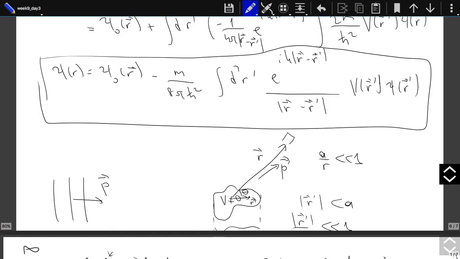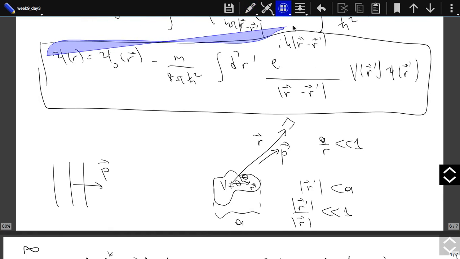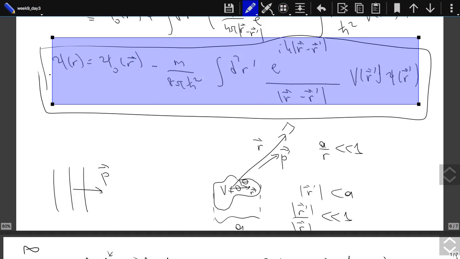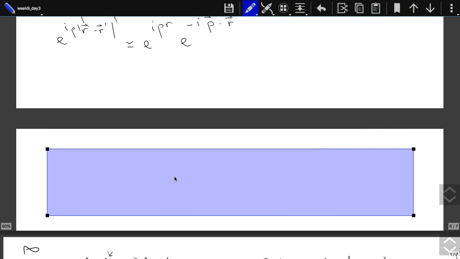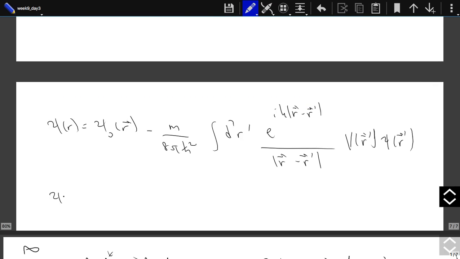And so we have our solution at the far region. psi of r is equal to psi 0 of r minus m over 8 pi h bar squared, apparently I used the symbol k rather than p, so it's e to the power i k r over r.